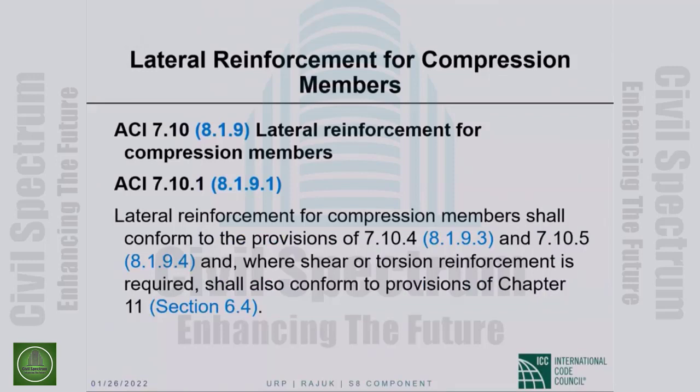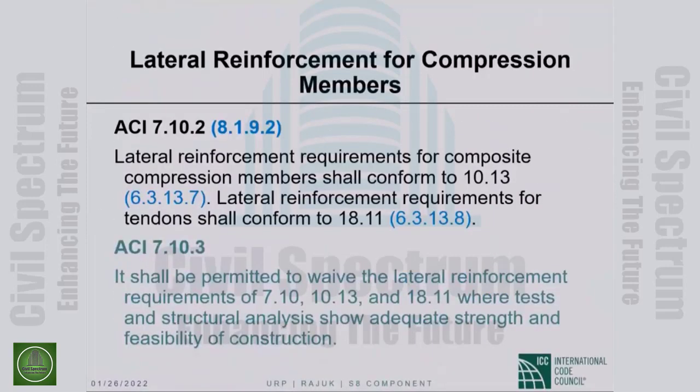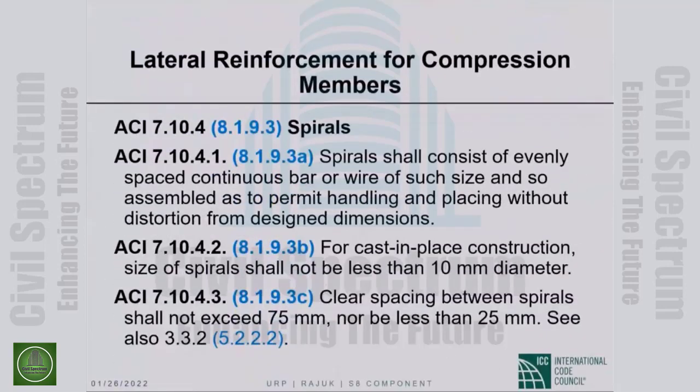So the transverse reinforcement in a column shall also resist shear and torsion. So the requirements of chapter 11 shall apply. Those requirements we will have to satisfy, and in addition there are requirements here for transverse reinforcement in a column. Lateral reinforcement requirements for composite columns I will skip.